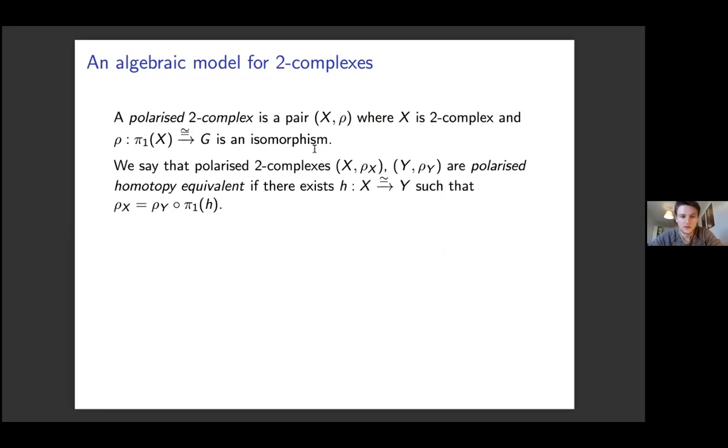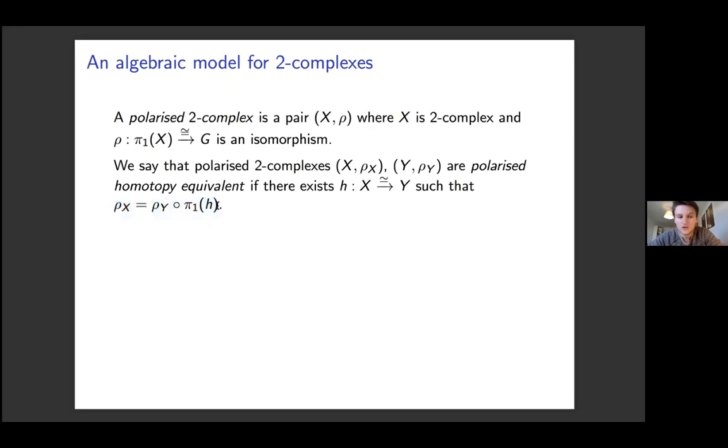Okay. So we can extend the notion of homotopy equivalence to polarized 2 complexes as well. Suppose (X, rho_X) and (Y, rho_Y) are polarized 2 complexes. We say that these are polarized homotopy equivalent if there exists a homotopy equivalence between Y and X which essentially satisfies this identity on the polarizations.